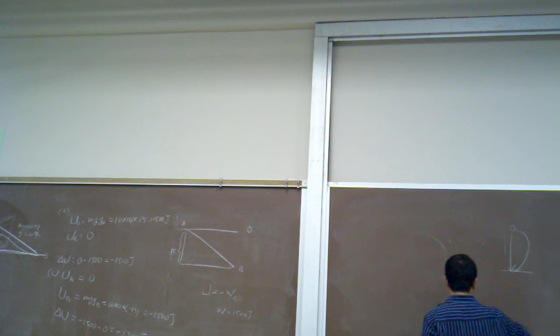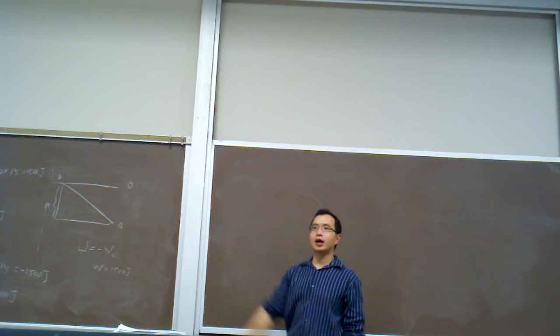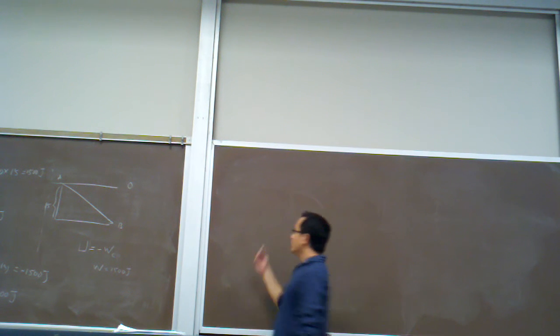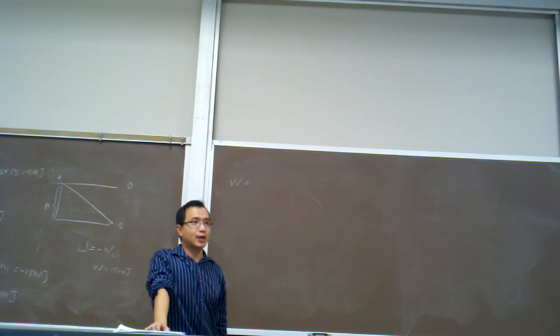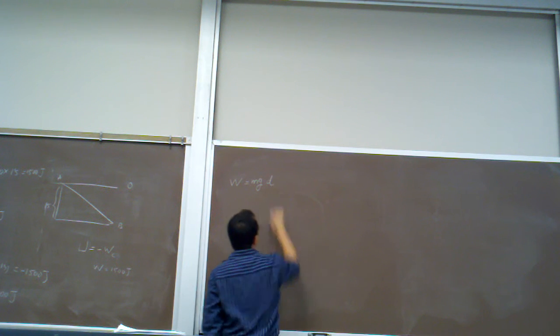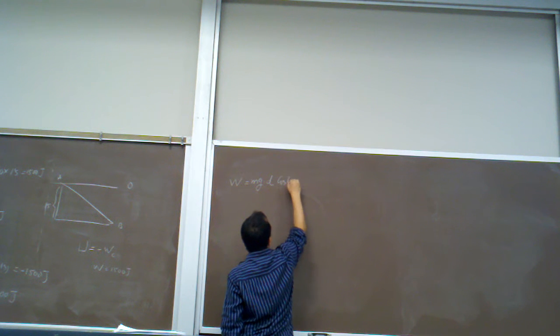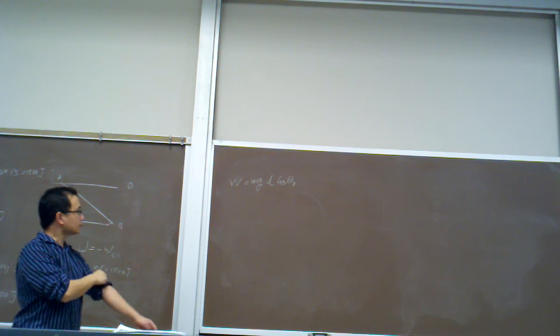And here, what I'm going to do is directly calculate the work done by the gravitational force from the definition, to check if we get 1500. So if we use the definition of work, W equals force multiplied by distance multiplied by cosine theta, right? The work done by the gravitational force should be the gravitational force multiplied by the distance multiplied by cosine theta_g.